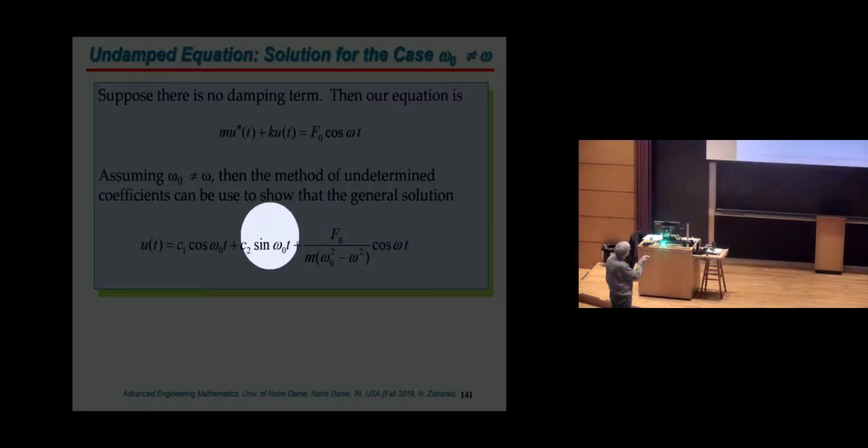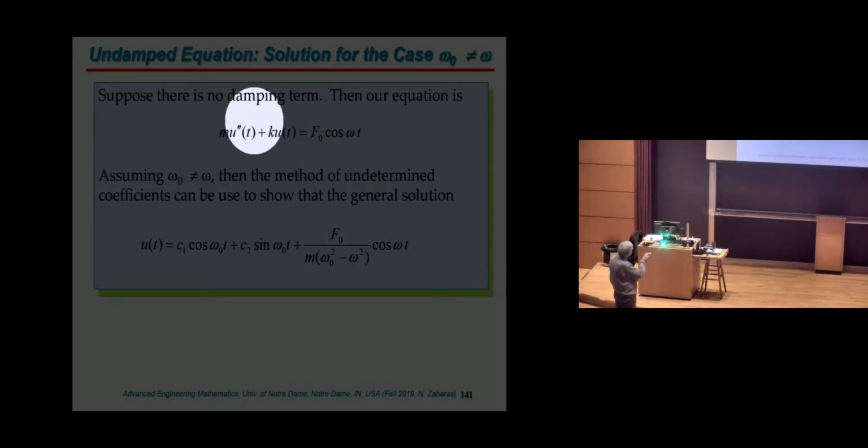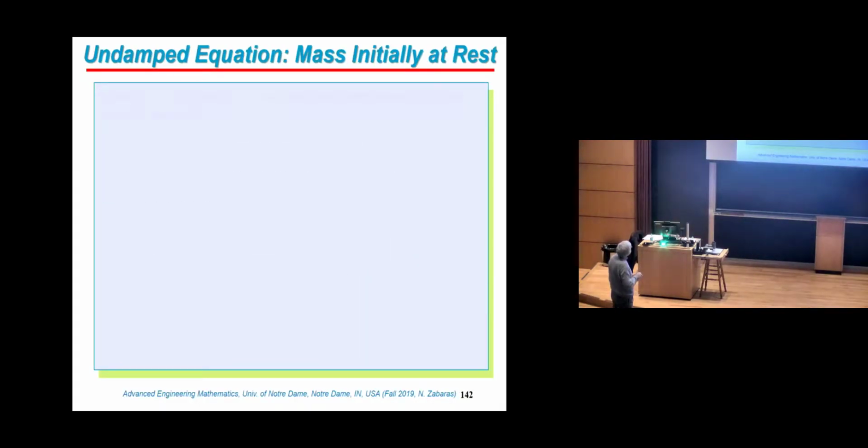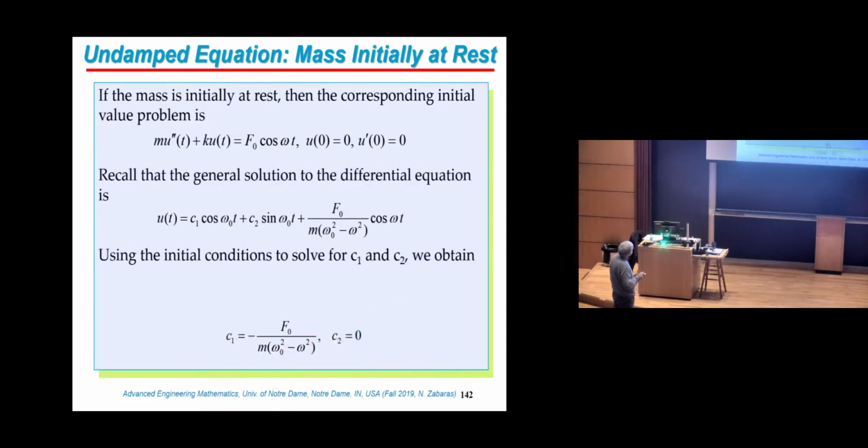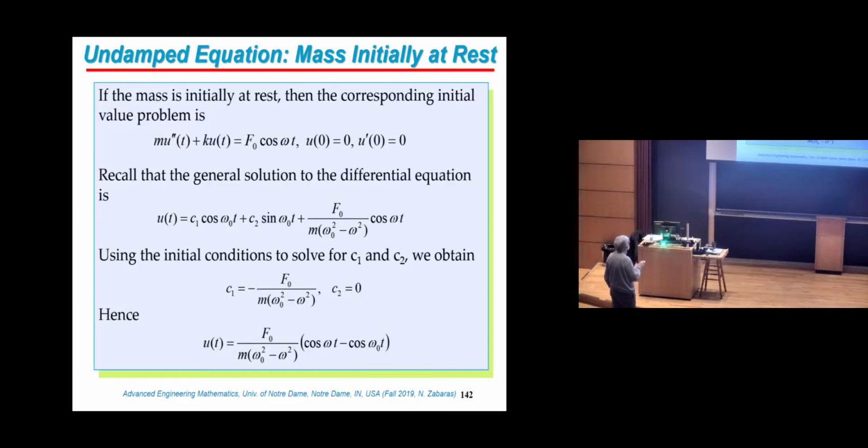So we're going to have an external force F0 cosine omega t. There is no gamma. So this is a pure oscillation if you look at the homogeneous problem. So it has sines and cosines with the natural frequency. And then you have a particular solution that looks like this. So if you put initial conditions of 0, you can combine things from the homogeneous solution and the particular solution, and you get something that looks like this.